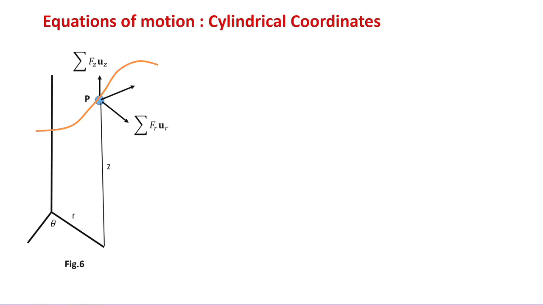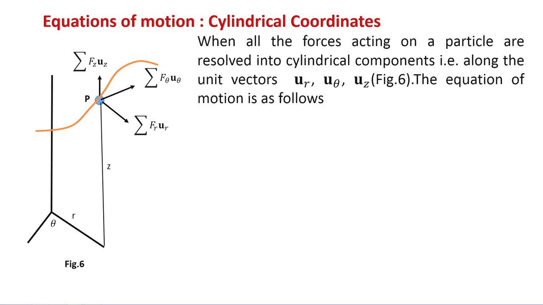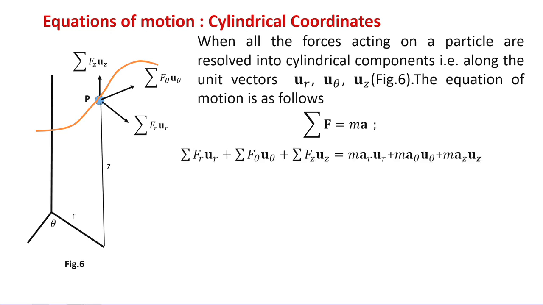Now, let us come back to the cylindrical coordinates. In the cylindrical coordinate system, when all the forces acting on a particle are resolved into cylindrical components, that is along the unit vectors u_r, u_theta and u_z, the equation of motion, again applied to summation of F is equal to m a, can be written as summation of F_r u_r plus summation of F_theta u_theta plus summation of F_z u_z is equal to m a_r u_r plus m a_theta u_theta plus m a_z u_z.